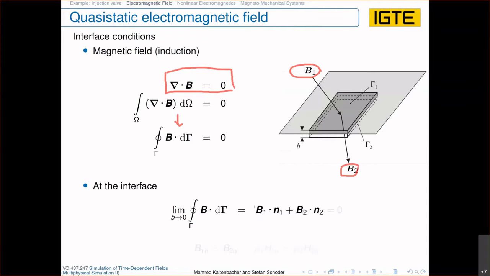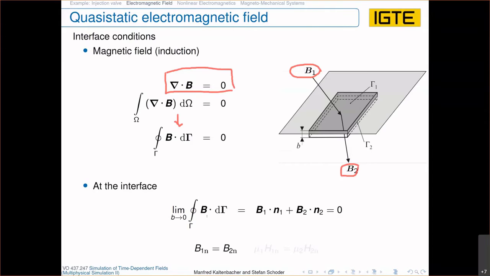We already have divided here by the cross section or surface gamma 1, and so we see that the normal components have to be equal, which means that the normal component of the magnetic flux density is continuous.